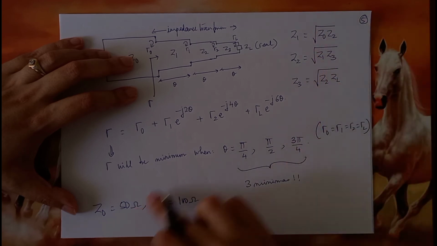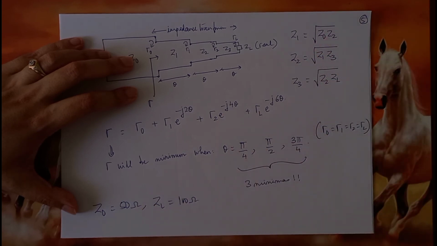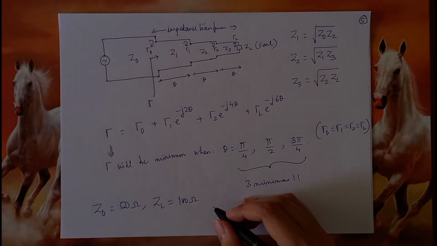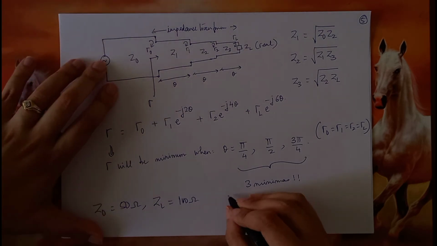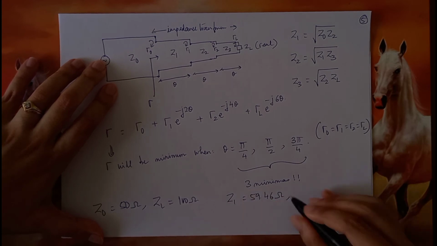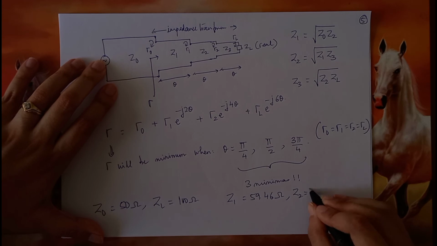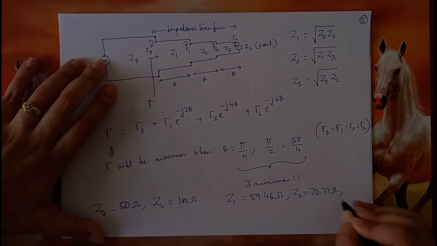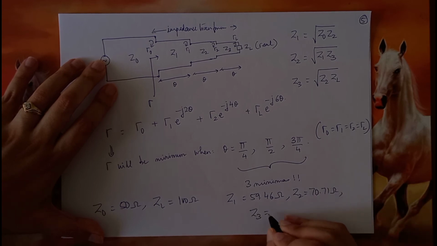So if you put them into these three equations and if you solve for these three unknowns, you will get something like this. Z1 is 59.46 ohms, Z2 is 70.71 ohms, Z3 is 84.09 ohms.